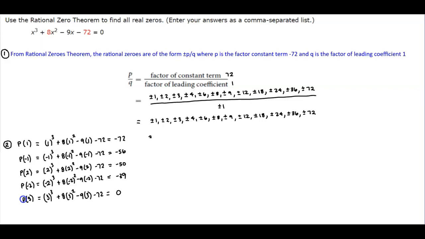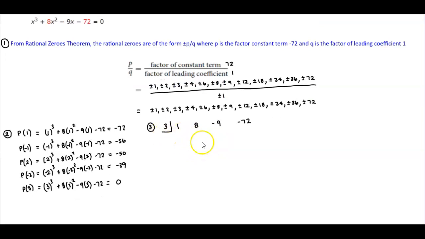Since we know that 3 is a rational zero, we can use synthetic division to find the other ones. Since 3 is a zero, we use the coefficients 1, 8, negative 9, and negative 72. From here, we want to find that factor.